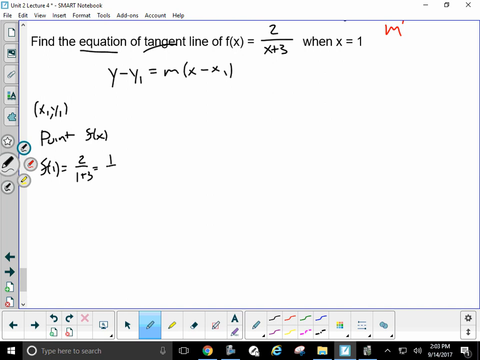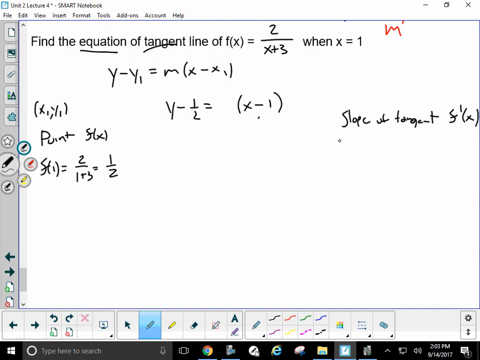I get 1/2. Okay, so that gives me y minus 1/2 is equal to, I'll have to find the m, x minus 1. Now, what is m? M is my slope, but I want the slope of the tangent. Slope of the tangent comes from my tangent slope generator. Okay, it is not this.